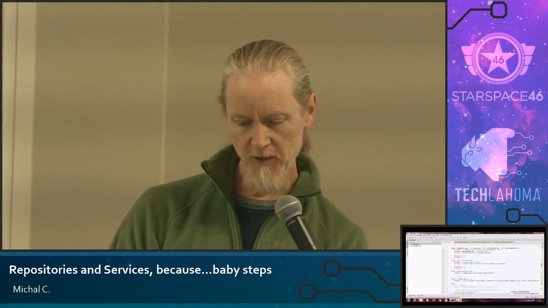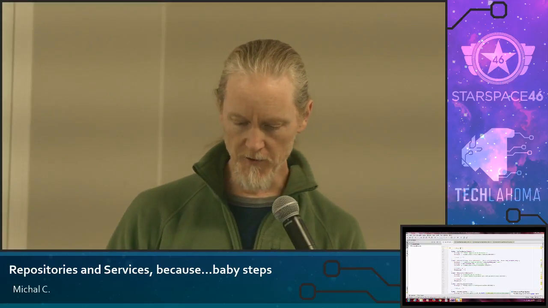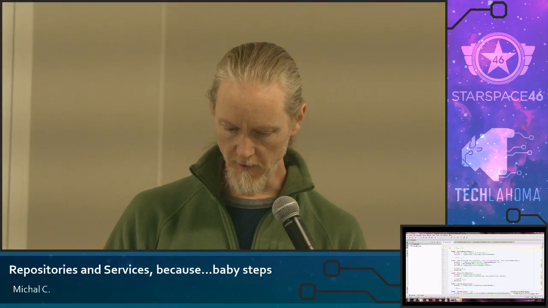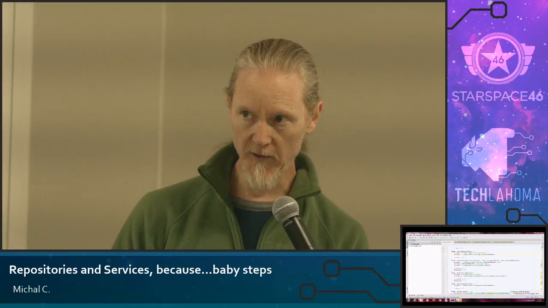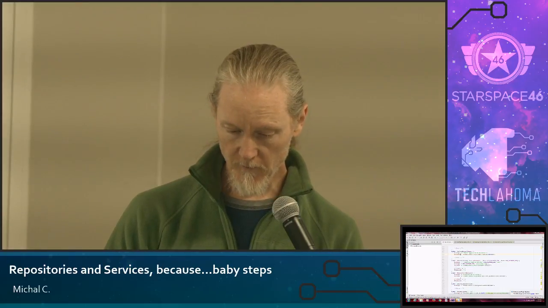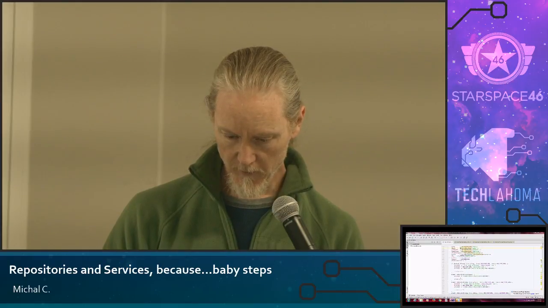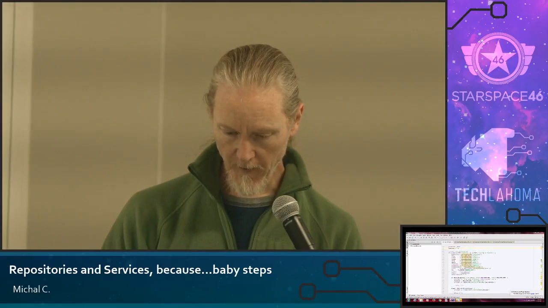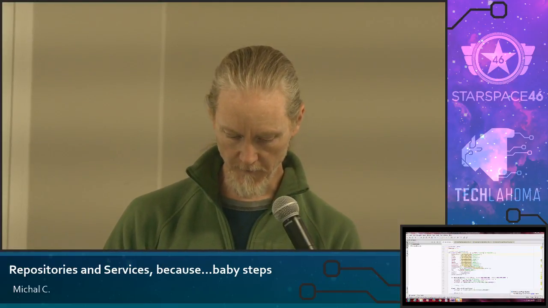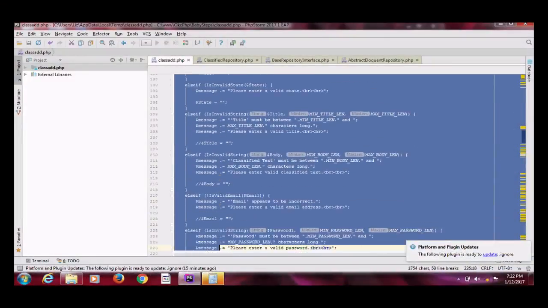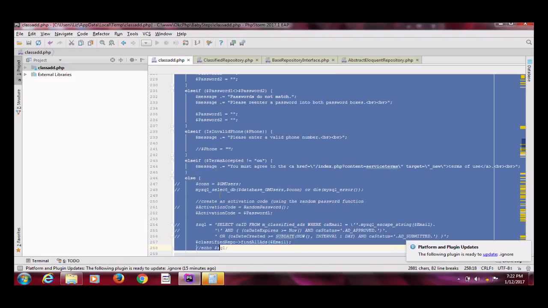But I can identify, say, this validation stuff. We might take all of that and push that off to another service that's just doing validation. There are lots of classes out there that do validation. I'd probably choose to install one of those for this project. So if we did that, we'd be taking a lot of this code, from here all the way through all of that validation, and bouncing that off to another class altogether.